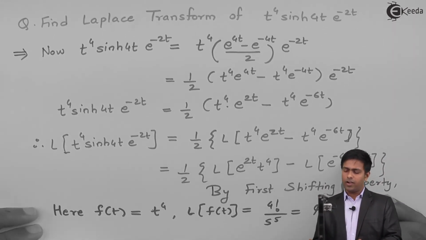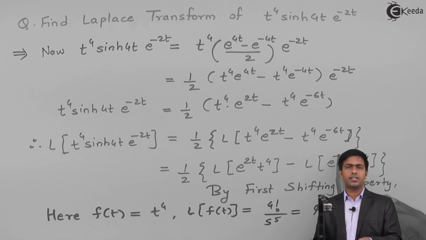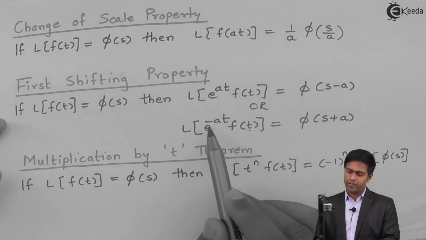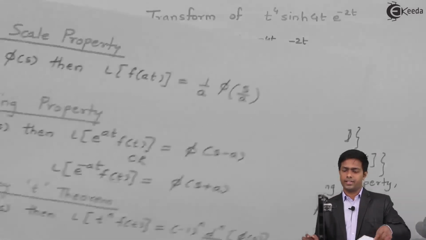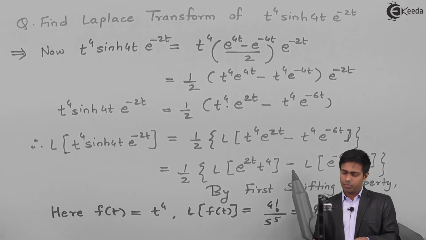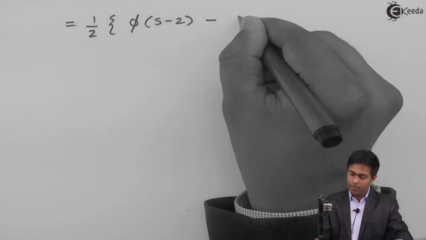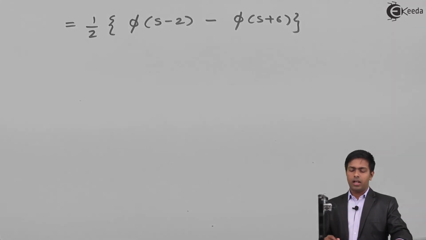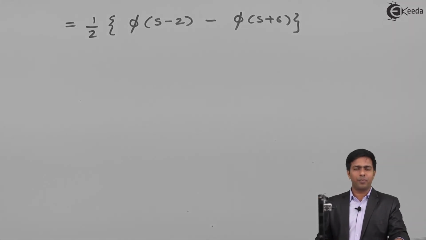Similarly here the value of a is negative 6. So when a is negative, we'll get positive a on the right hand side. So this will become phi of s plus 6. So middle sign minus as it is, and we'll get phi of s plus 6. So here at both places I have applied the first shifting property.